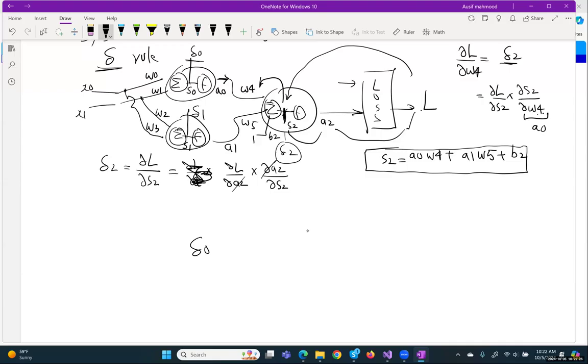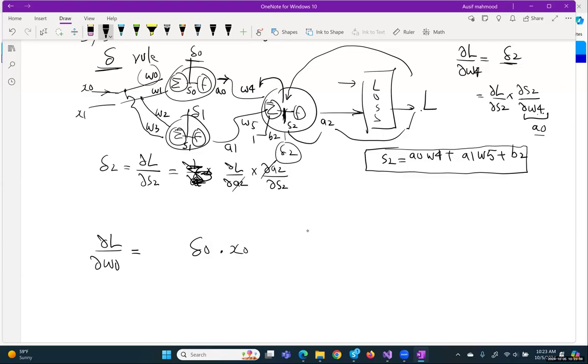What will then be partial L over partial W0 in terms of delta 0? As you saw, partial L over partial W4 was whatever input is feeding to it, which came out to be A0, the input feeding the neuron via W4. Similarly, for partial L over partial W0, the input feeding is X0, so this will simply be multiplied by X0.